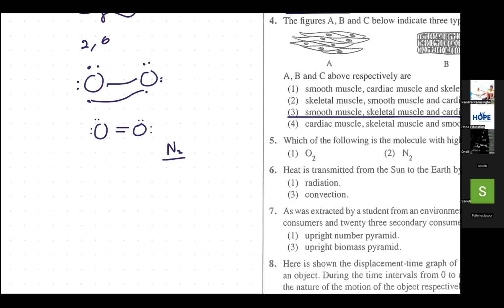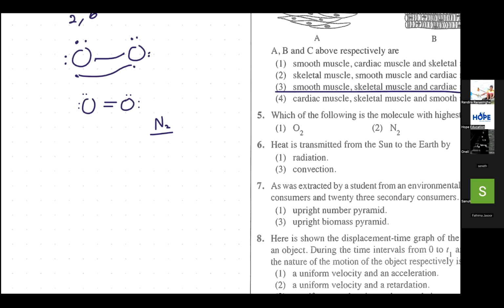What is the electronic configuration of nitrogen? 2, 5. That means 2, 5, right? Nitrogen 1, 2, 3, 4, 5.